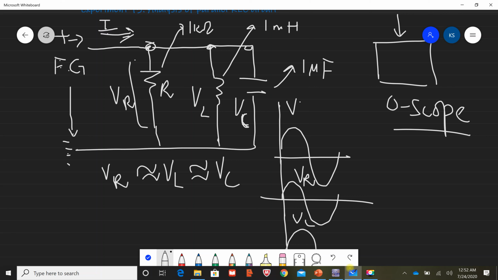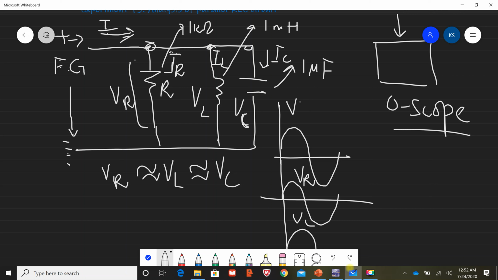in all of these branches, IR, IL and IC, so this means that there must be some differences between all of these current waveforms.